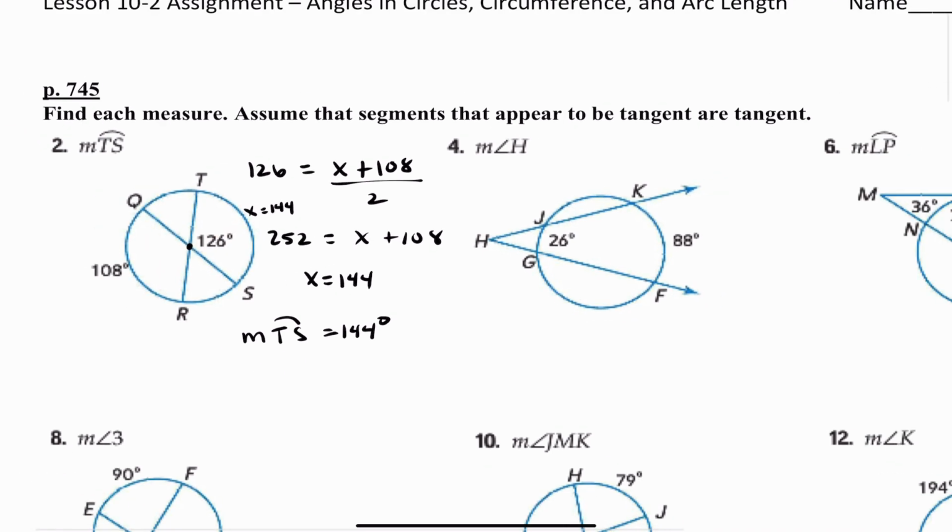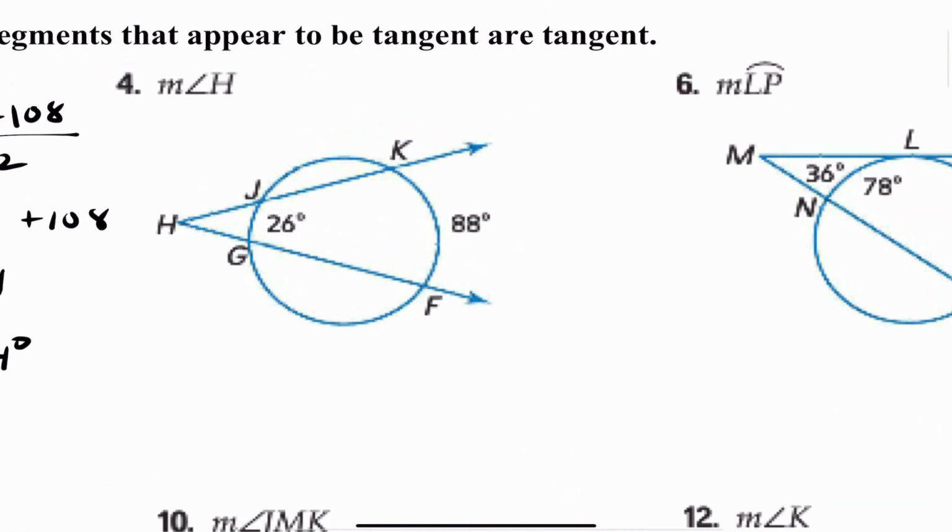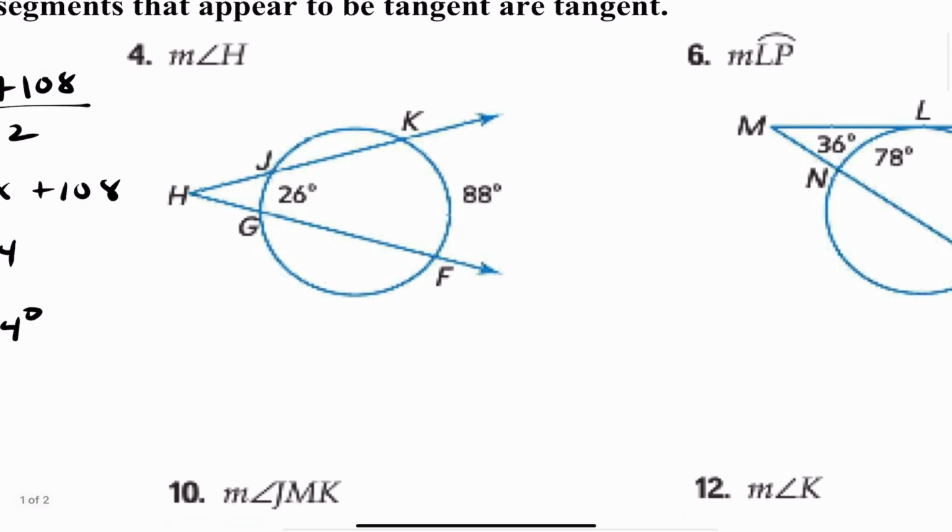Okay, let's go ahead and take a look at number 4, the measure angle H. Okay, so this time the vertex is outside of the circle, so the angle is equal to the big arc minus small arc over 2. So measure angle H is equal to big arc minus the small arc all over 2.